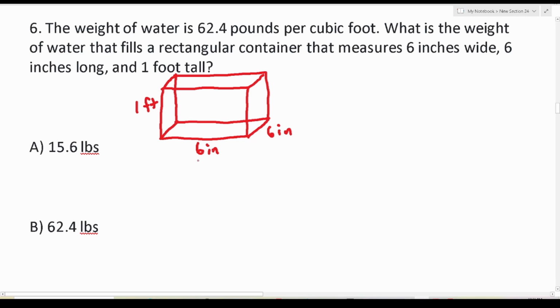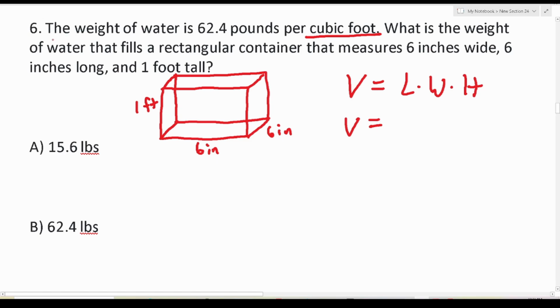Well, we have to realize that we're dealing with cubics, so we're going to have to find the volume of this rectangular container. And to find the volume of anything that's rectangular, you do length times width times height. That said, we have a little bit of a problem here. We can see that there's a conflict with the units of measurement that we were given.